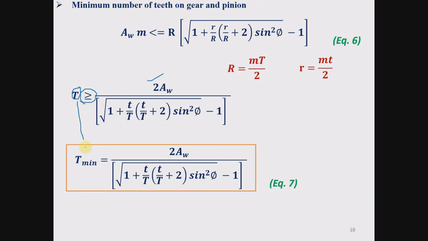That is, this is the minimum number of teeth in order to avoid the interference. So rewrite this equation: T minimum equals this much, the minimum number of teeth should be this much. So write down T minimum equals this much and name this as equation number 7.